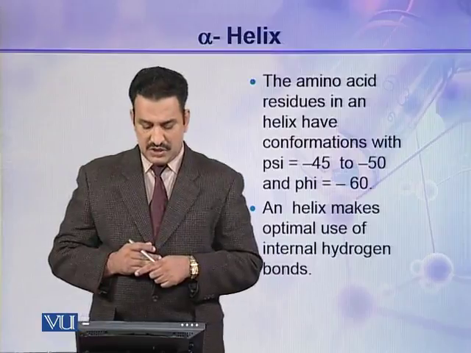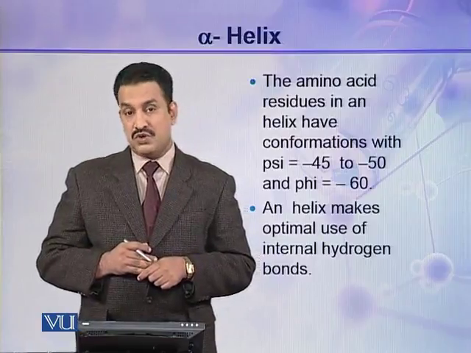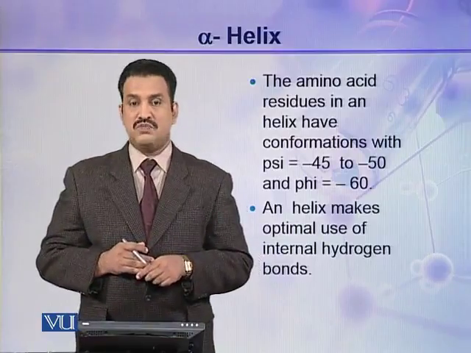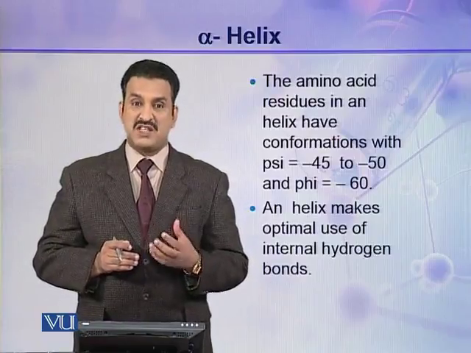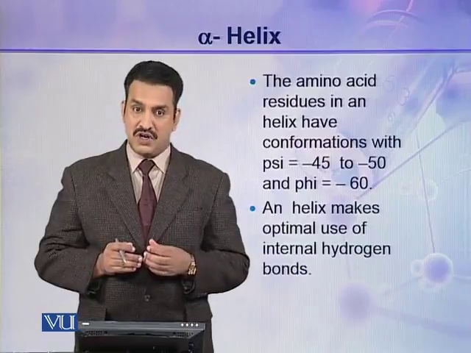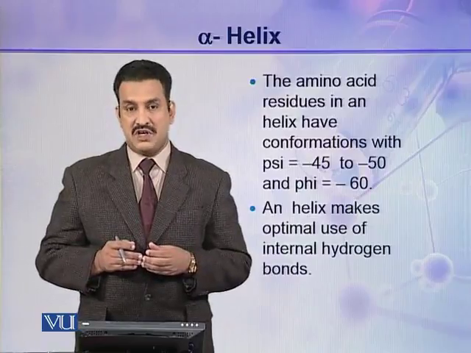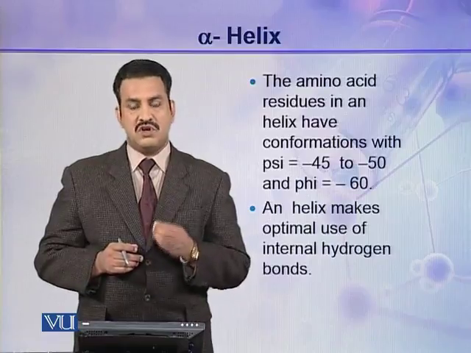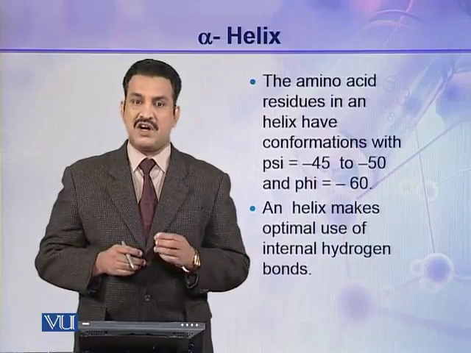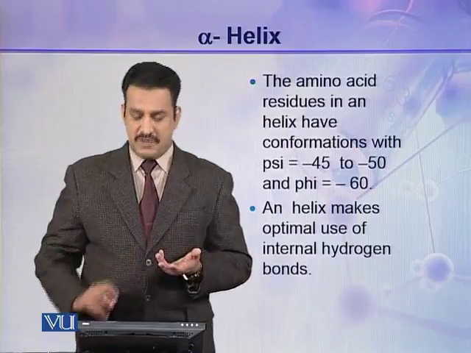And the helix makes optimal use of internal hydrogen bonds. So in this way, by using the maximum potential of hydrogen bonding, this structure becomes a stable structure. In a helix, almost all the amino acids are hydrogen bonded with some other amino acids.